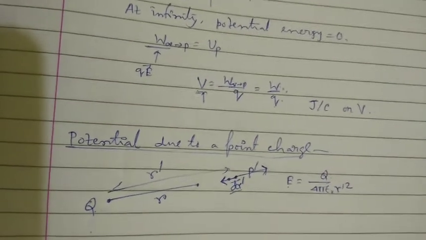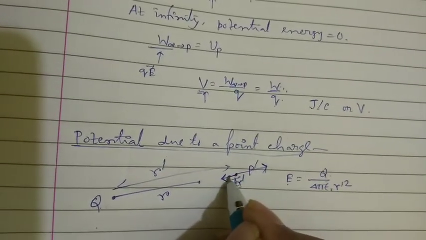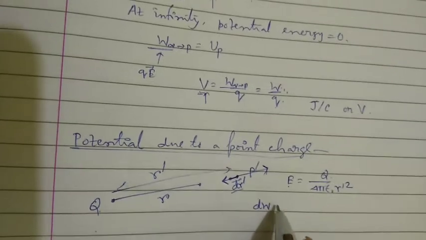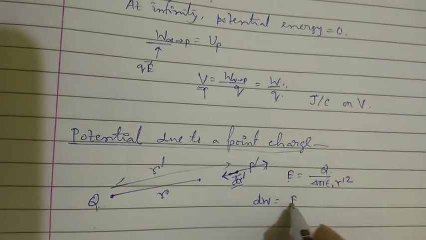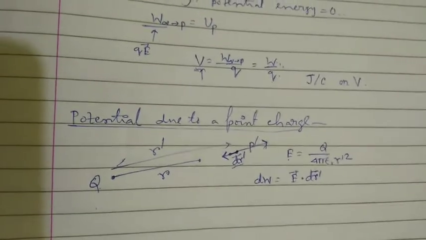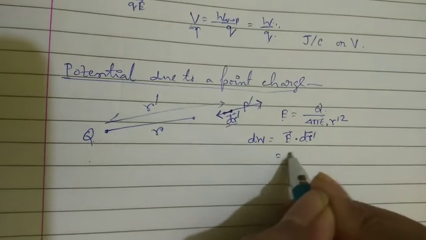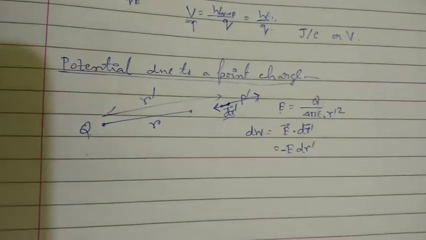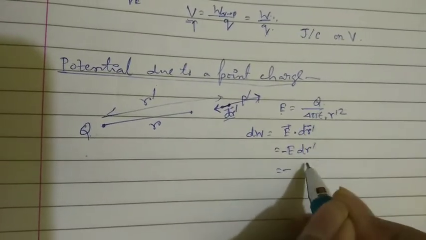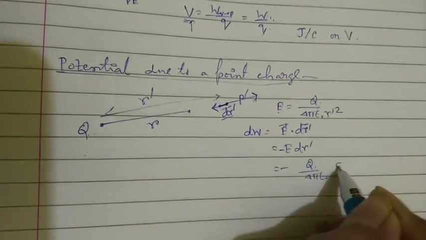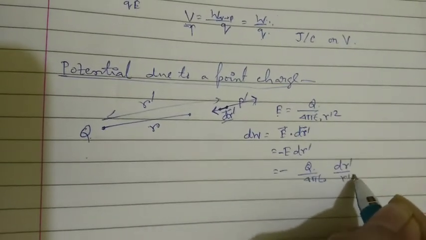So in moving the charge by small distance dr prime, the required work done will be dW equals to E dot dr prime. Now since E and dr vector are opposite to each other, we can write this as minus E dr prime. Just putting the values of E, we can get minus q by 4 pi epsilon naught dr prime by r prime square.